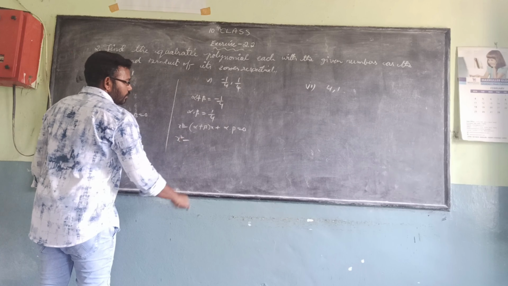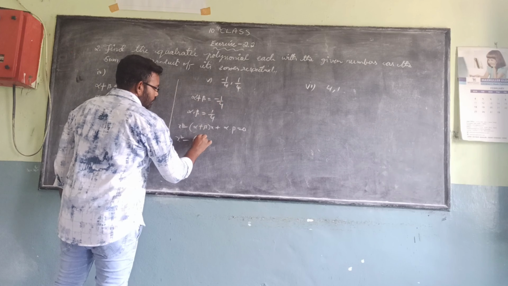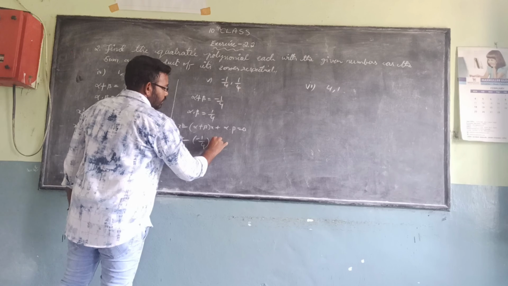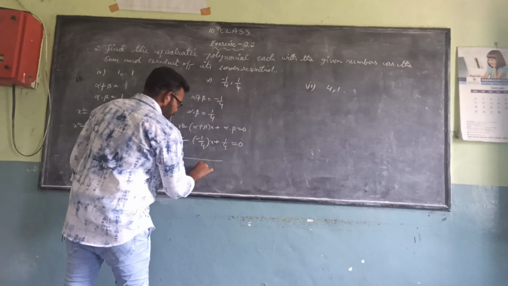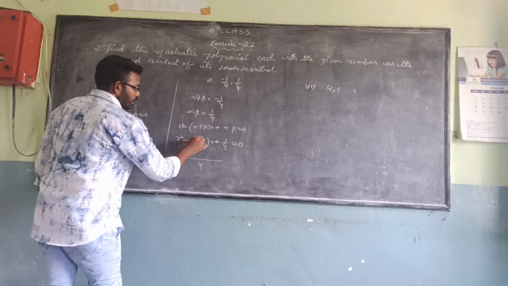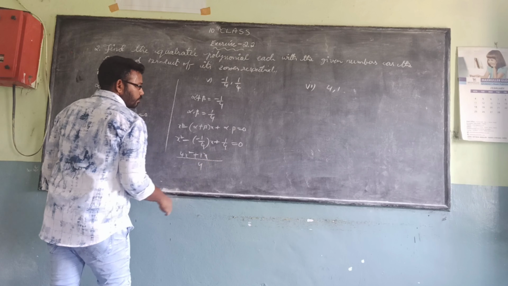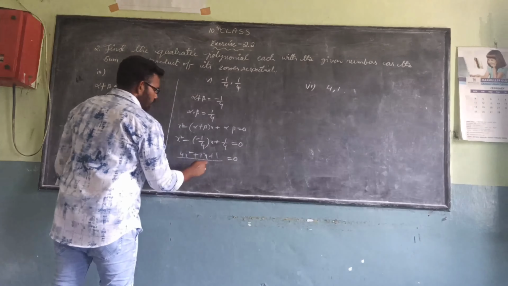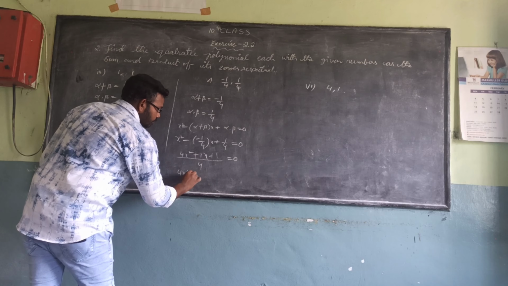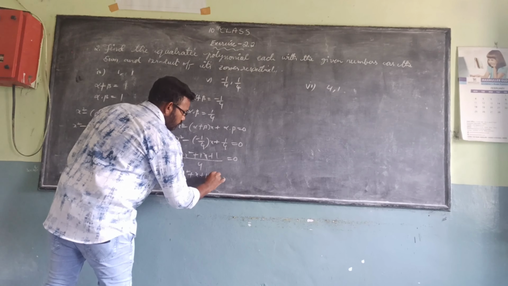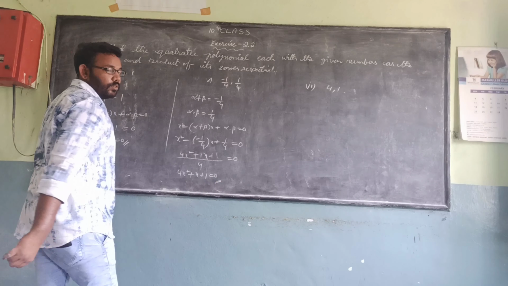So here x square minus of minus 1 by 4 into x plus 1 by 4. If you take LCM, 4x square plus x plus 1 is equal to 0. This is the required quadratic equation.